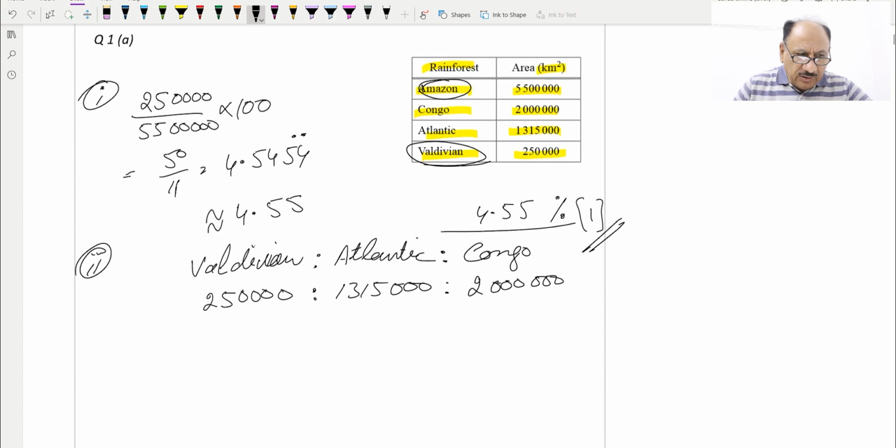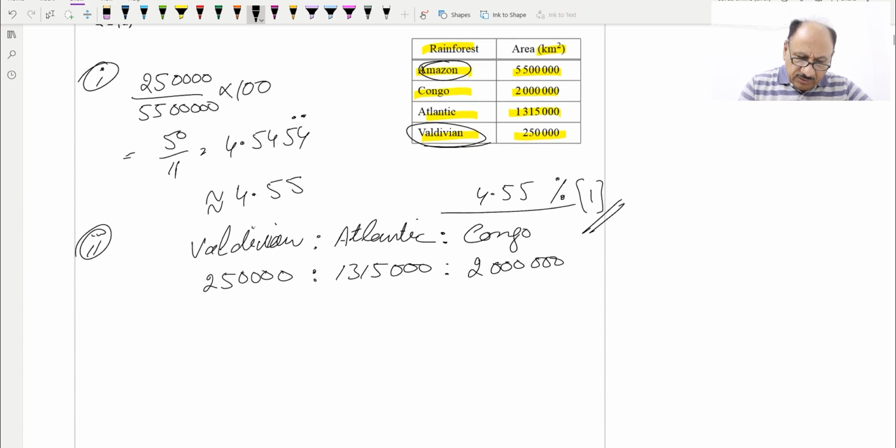Now we can simplify, and for simplification we can divide by the smallest number. Basically we can cancel the zeros first. So if we cancel 3 zeros with 3 zeros, these 3 zeros are gone.